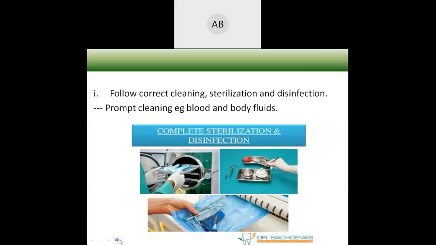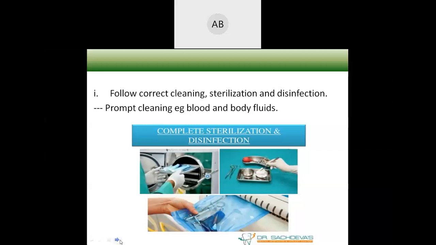Okay. Next is regarding proper cleaning, sterilization, and disinfection. So this you have already studied in the first year. Patient equipment which is soiled with blood or body fluids has to be handled carefully so that you will not come in contact with the skin and mucous membrane.